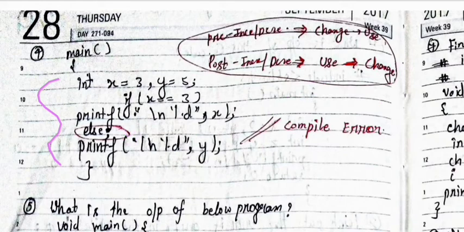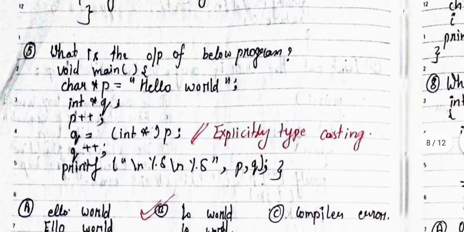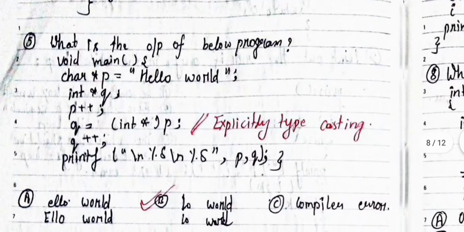Now come to the next question. Here the next question is: what is the output of the below program? The program is given like this: void main, char pointer p equal to "hello world", int pointer q, p plus plus, q equal to (int *)p, and q plus plus, print the values of p and q.